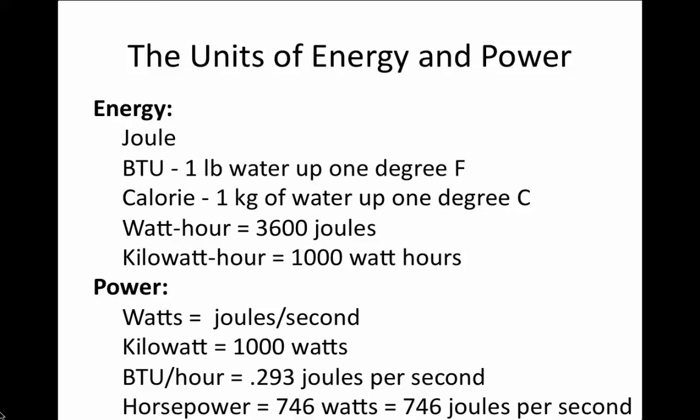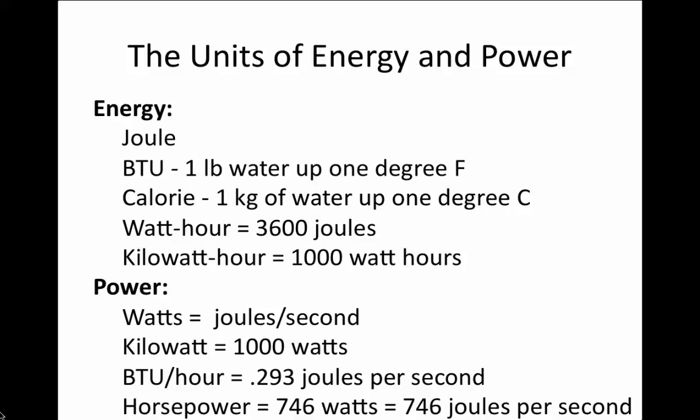And then when we talk about power, and again, remember, power is the rate at which we're producing or consuming energy. We talk about joules per second. Now, joule per second is hard to say, so we use the term watts. Watt is defined as a joule per second, and kilowatt is just 1,000. The term kilo in front of something usually means 1,000.